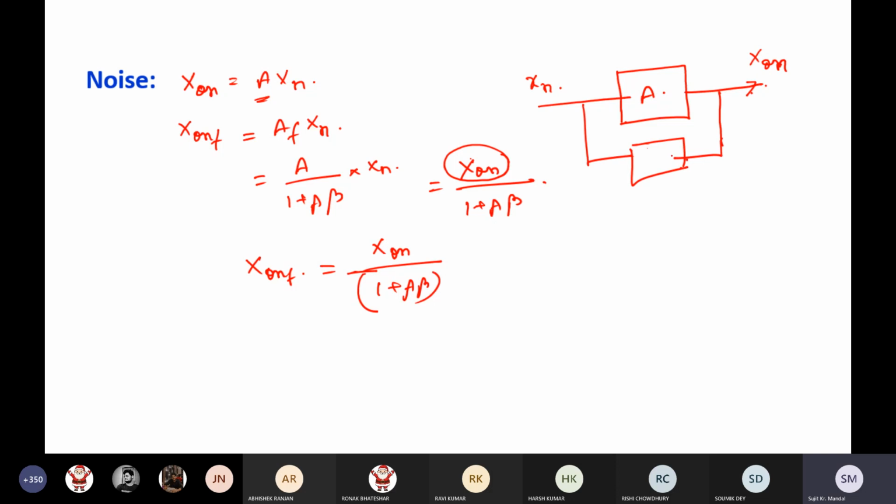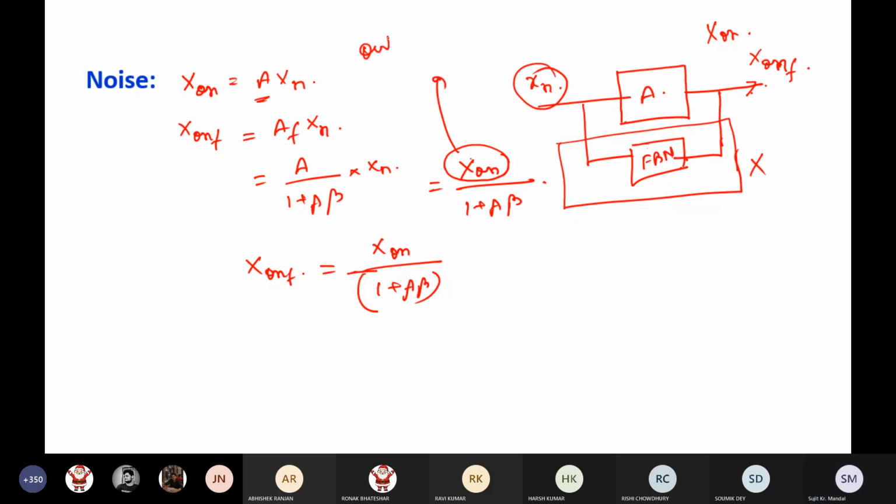Under this condition, if the same noise input appears, the corresponding output we are defining as X0nF, with this feedback network connected. And when this feedback network is not there, whatever the output is, that is X0n. So X0n is the output noise without feedback.